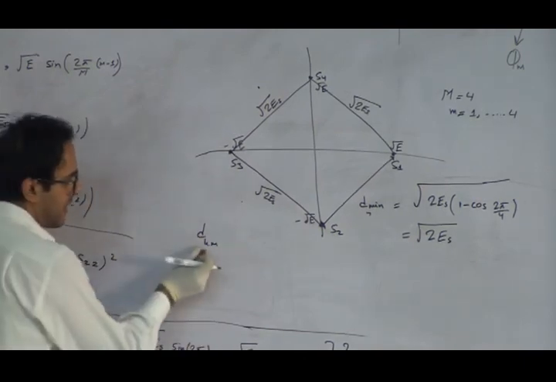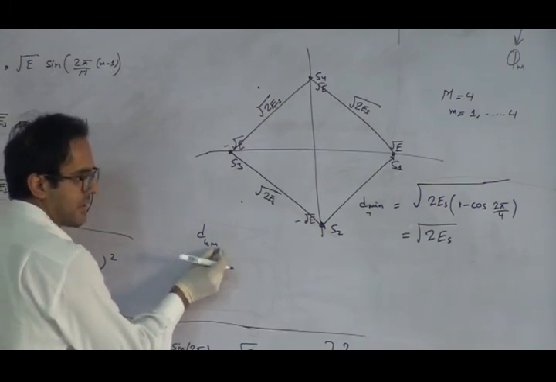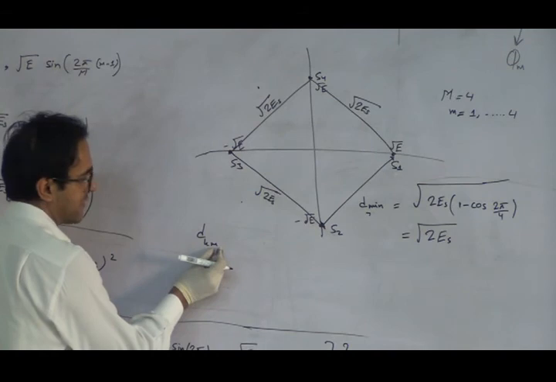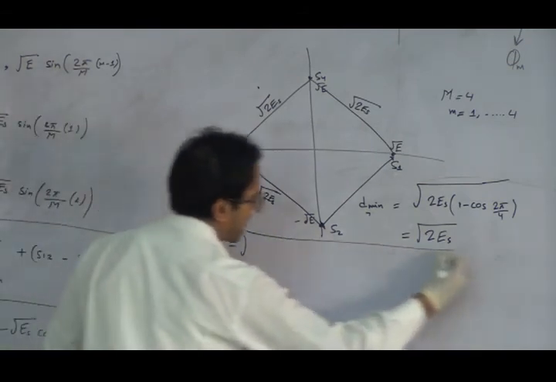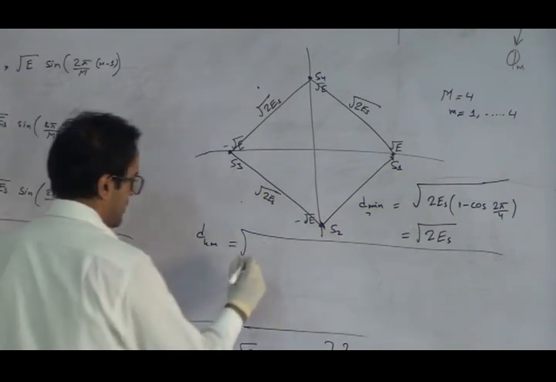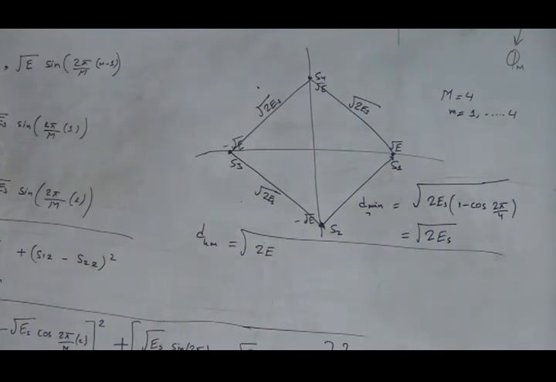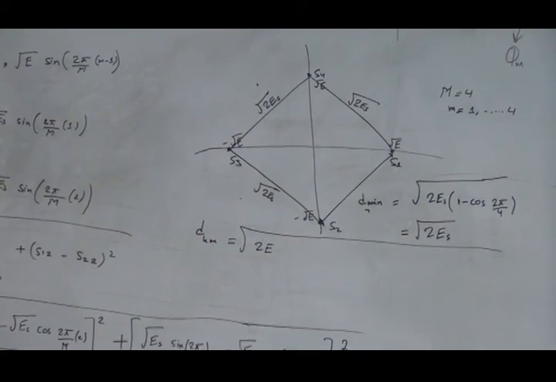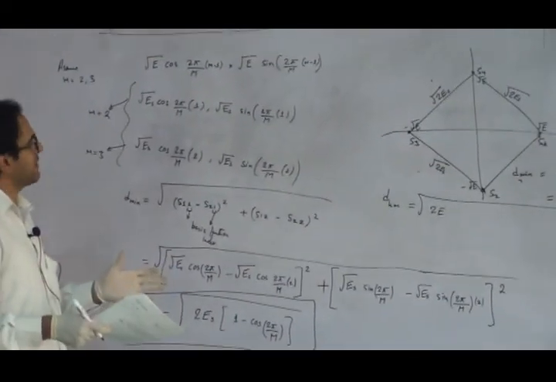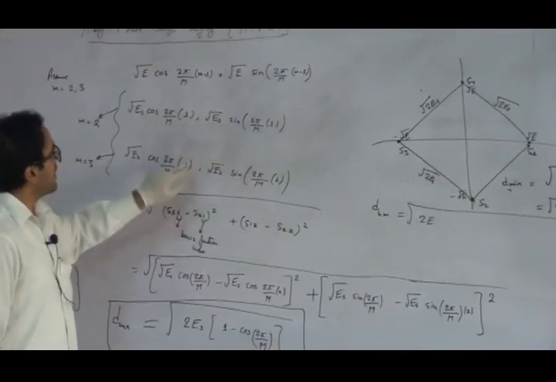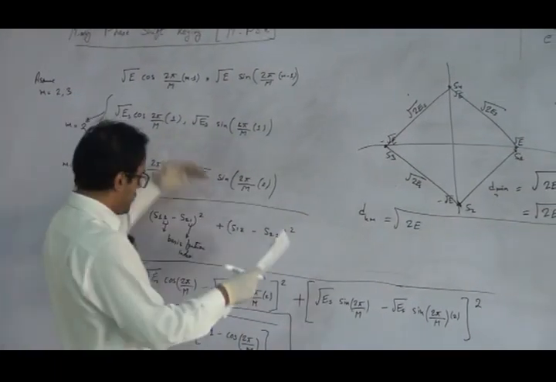The distance between the kth signal class and the mth signal class point on the constellation diagram, DKM, is equivalent to under root of, using the same analysis, all you have to do is substitute K here, K class here against this one there, and M class there. Previously we substituted signal class 1 and signal class 2, right? Now in general, if I ask to find out the distance between the kth signal class and the mth signal class, you're going to substitute k here and small m there, and do the same analysis, right?